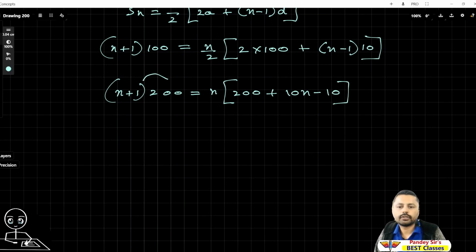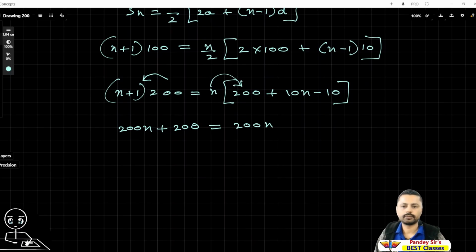Now this will multiply to this thing and we get 200n plus 200 equal to 200n plus 10n square minus 10n.